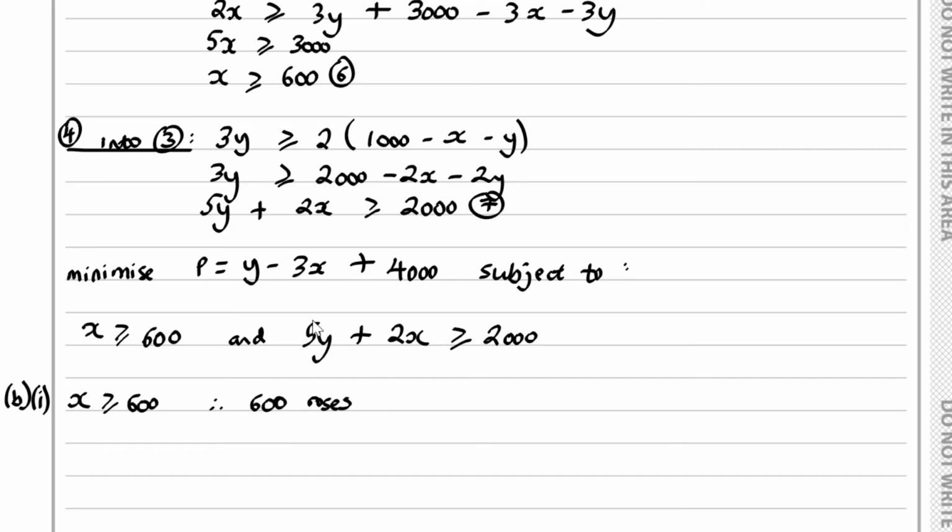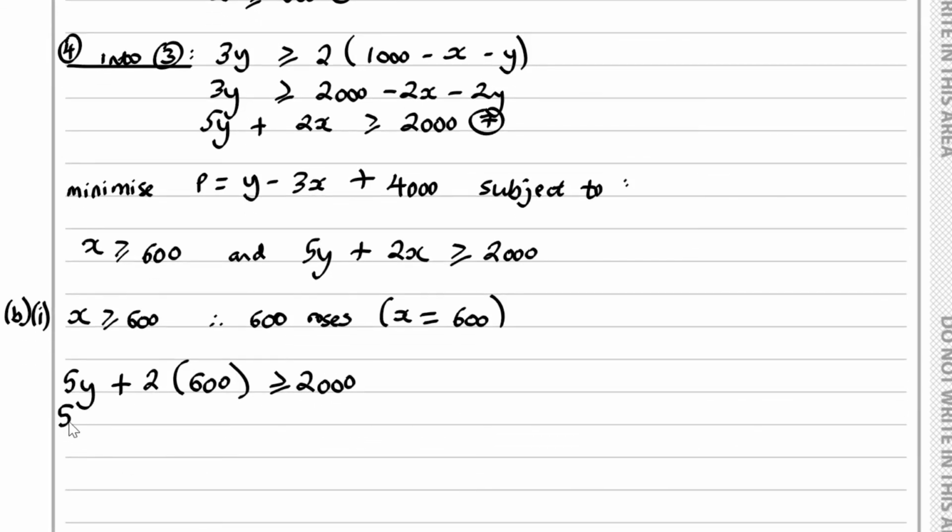Okay, and now if we take a look at this second inequality, obviously this corresponds to x equals 600. If we use that x equals 600 and put that back into equation 7, we have 5y plus 2 lots of x, so we have 2 lots of 600 being greater or equal to 2000.